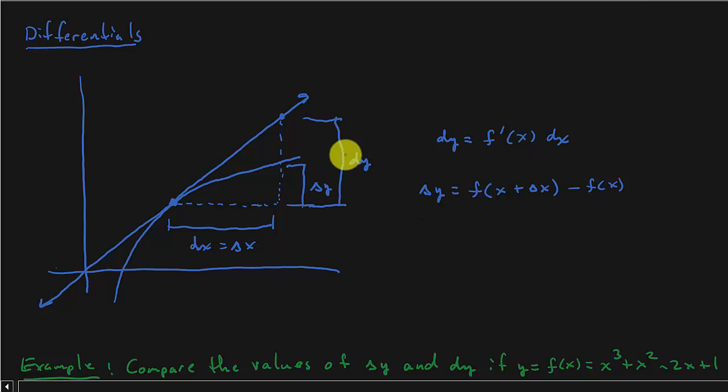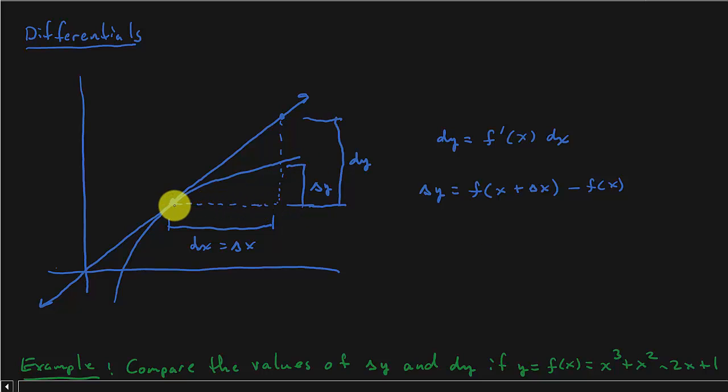And delta y, that's this right here, that is f of x plus delta x minus f of x. Now, you've got delta x, we've got dx, so dx is equal to delta x. Okay, that's how far we move over this way. And keep in mind, that's going to be a small number. Now, dy and delta y, see, delta y is this.